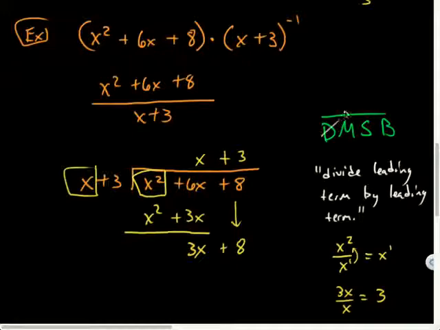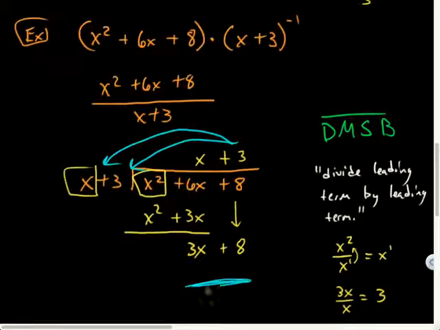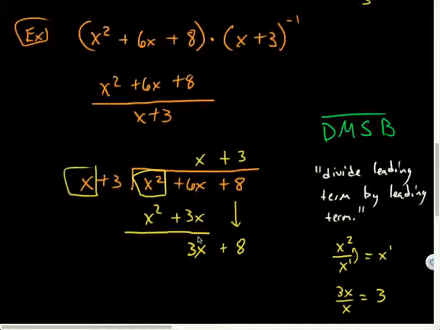So that was division. Now let's multiply. What am I multiplying? I'm multiplying 3 by both of these guys, and I'm going to write my answers down here. 3x plus 9. And now I'll subtract. Man, you guys are too quick. 3x minus 3x is 0x, and 8 minus 9, because this is the subtract step.